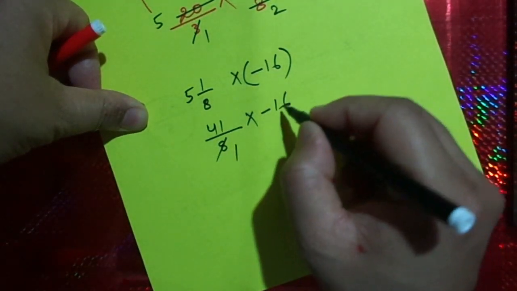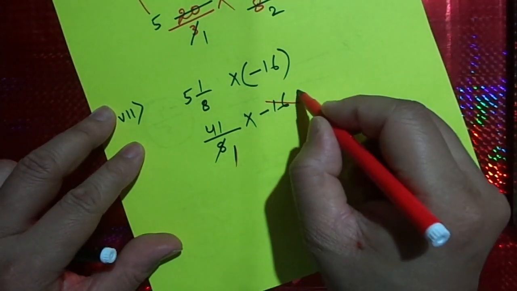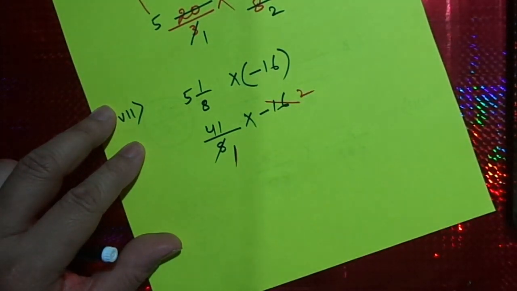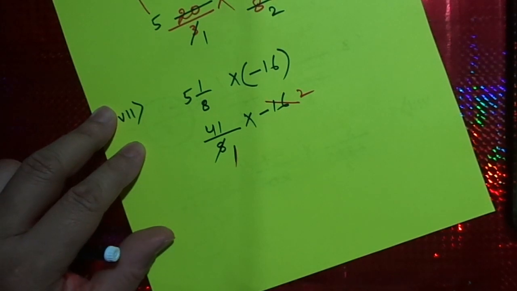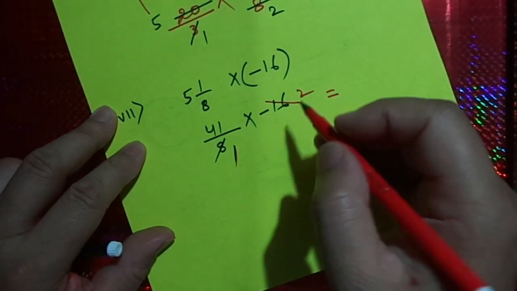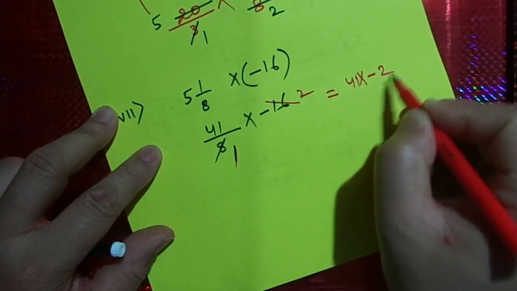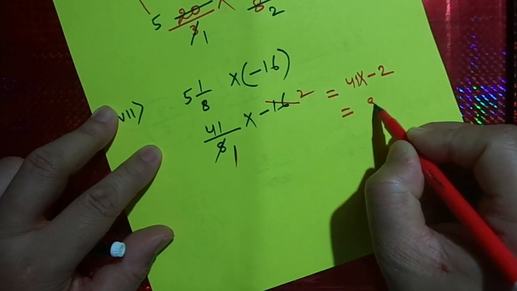So 8 one times and 8 two times 16. Do we have any more number by which it can get cancelled? No. Therefore we have 41 into minus 2 is equal to 82.